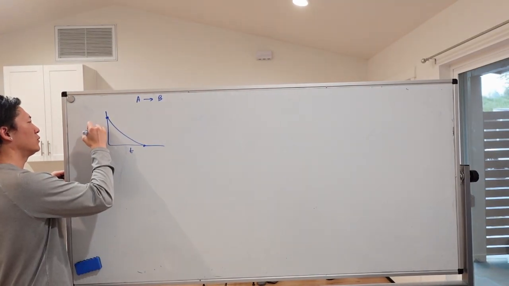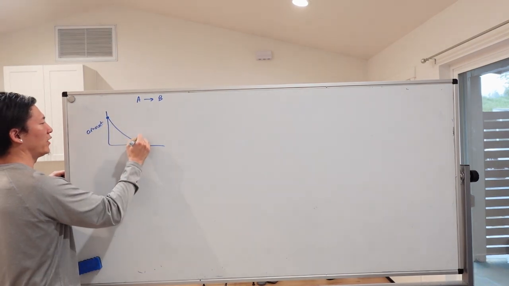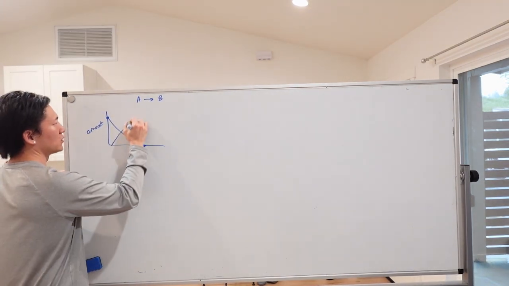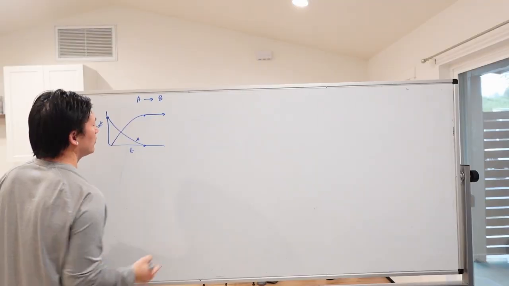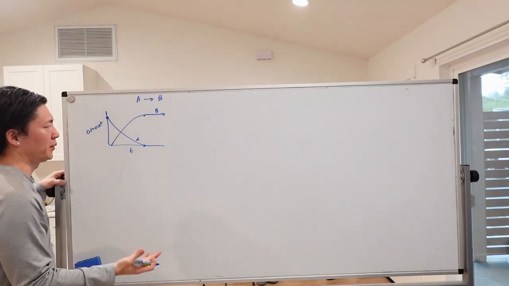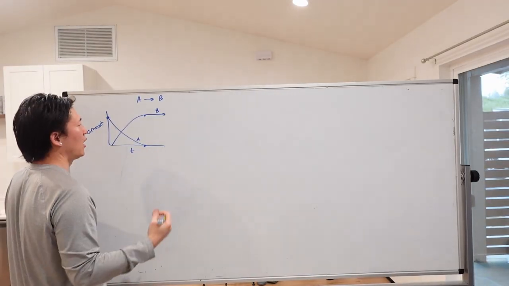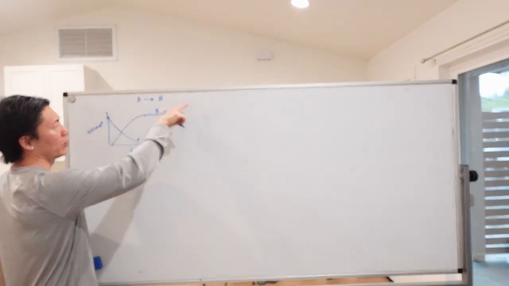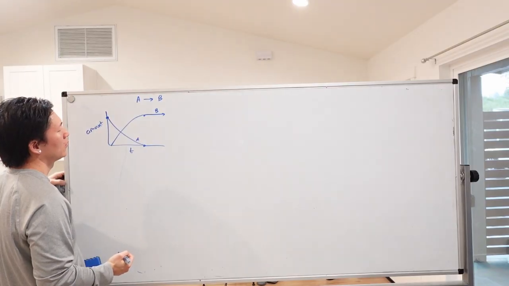This is the amount of A, and B is going to reach some amount and then stop forming. And B should stop forming because there's no more A, right? So A is gone. So these are full-headed arrows going to the right.